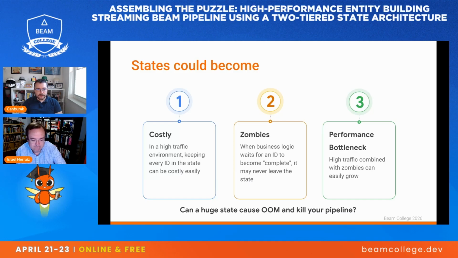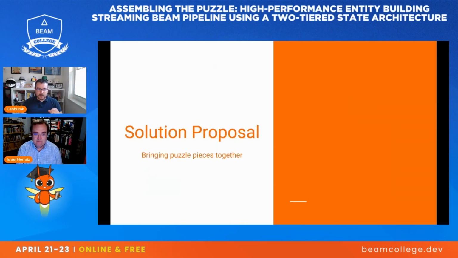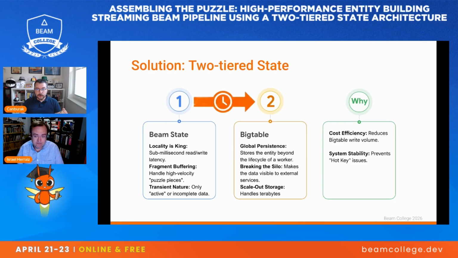Thank you, Israel. Keeping in mind the business restrictions, the streaming restrictions, and the potential pitfalls of the states, we built a solution proposal. This solution proposal consists of two-tiered states.